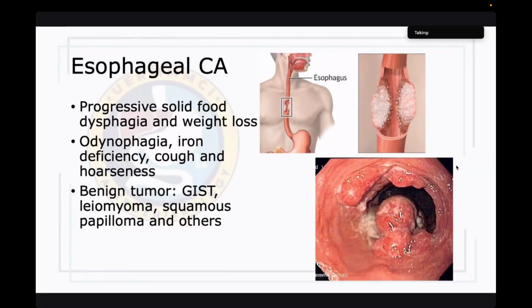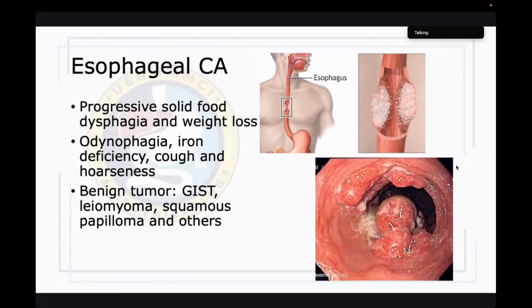Imagine a tumor in the esophagus slowly growing in size until the lumen is already obstructed. Associated symptoms may include odynophagia, iron deficiency, cough from tracheoesophageal fistula, hoarseness from recurrent laryngeal nerve injury, and when these respiratory symptoms are already present, they could be suggestive of locally invasive or even metastatic disease.